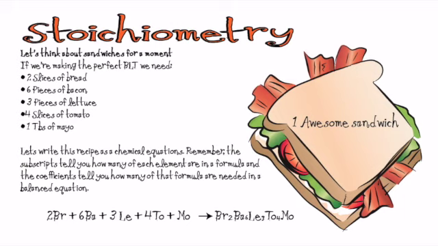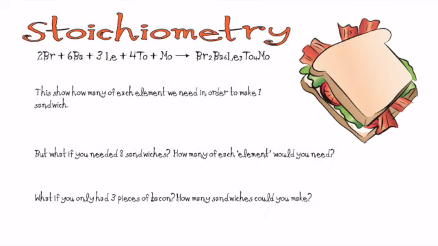So we have 2 bread plus 6 bacon plus 3 lettuce plus 4 tomato plus 1 mayonnaise yields the perfect sandwich. This shows us how many of each element we need in order to make one sandwich.